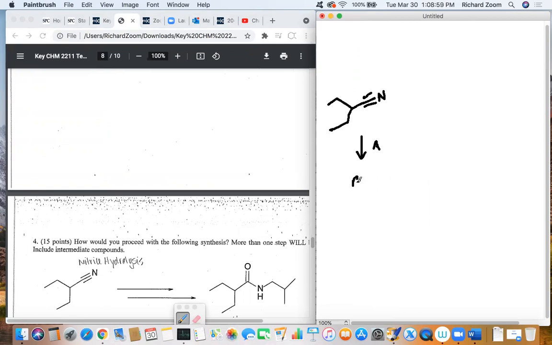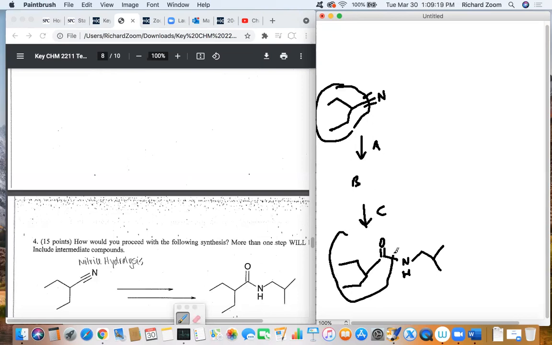Knowing what we're looking for, there's A, B, and C. I think it's useful initially just to view that we have this moiety here and this moiety here, they're the same thing. So that can be kind of helpful.